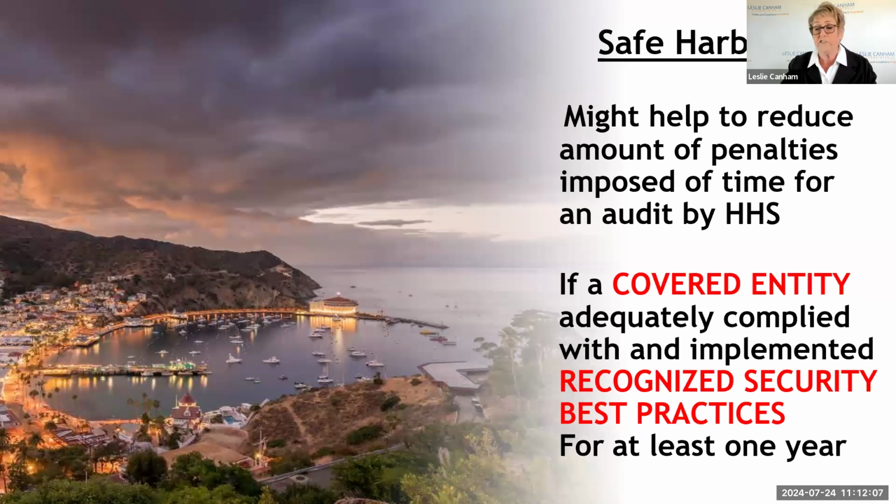HHS means Health and Human Services. They're the HIPAA police, I guess you could say. And in a nutshell, what they say with the safe harbor rule: if you're a covered entity and you adequately complied with recognized security best practices for at least 1 year, then your penalties would likely be less.